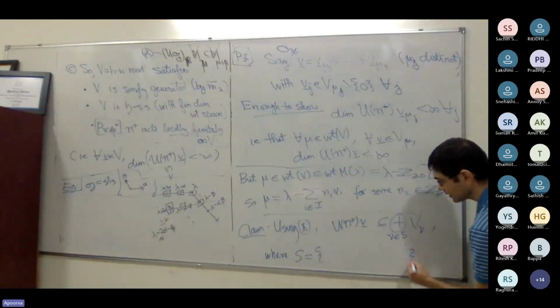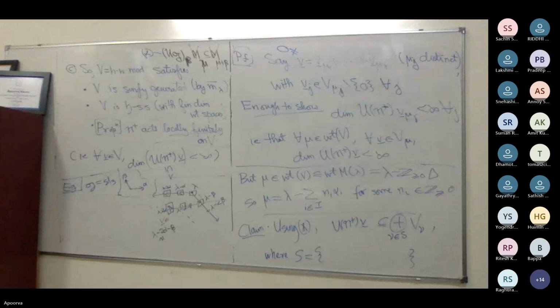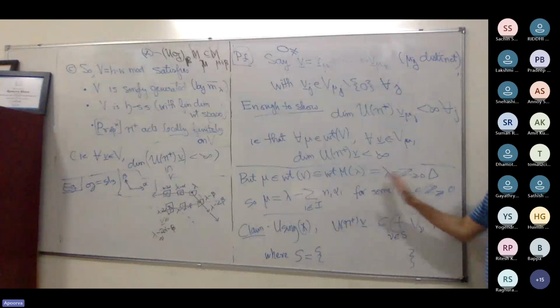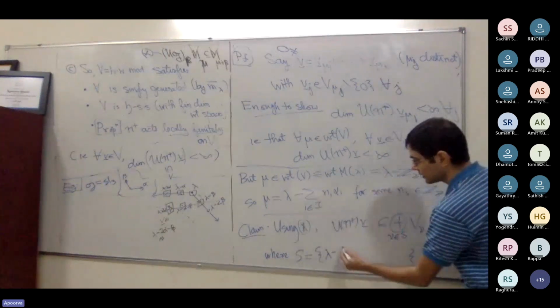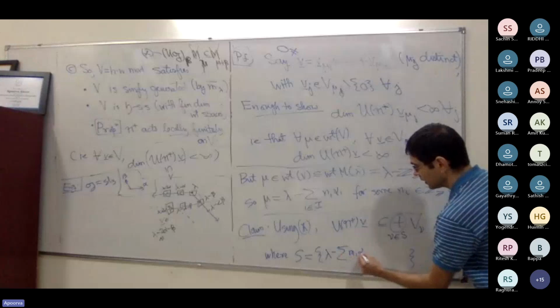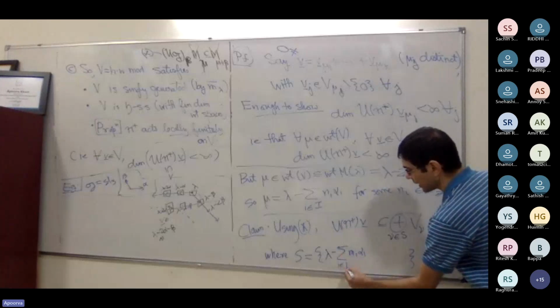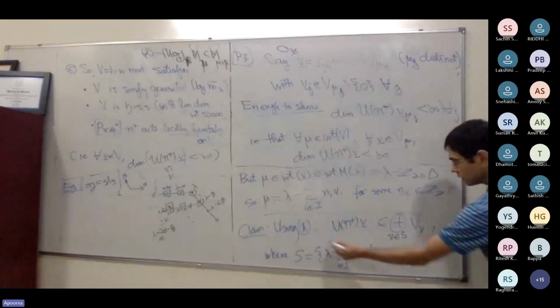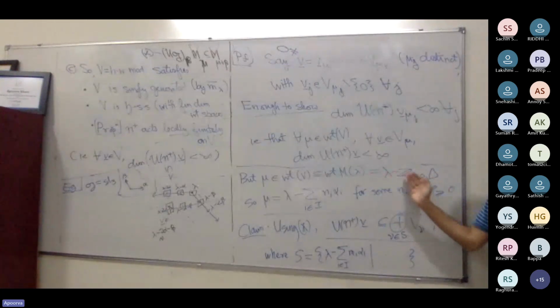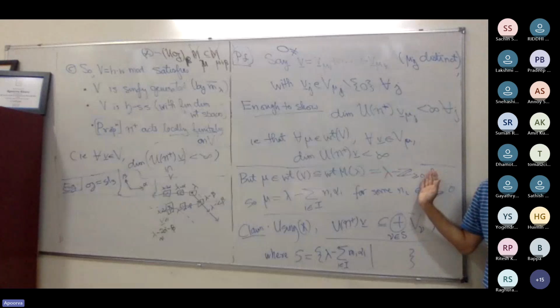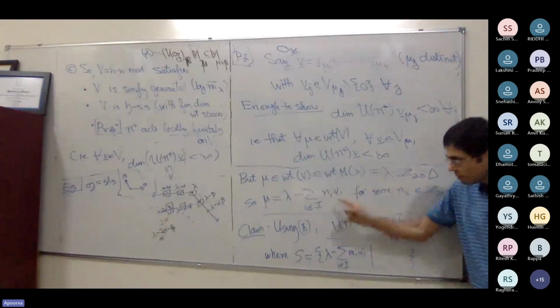So what are all possible weights here? Of course, whatever you do, this is a weight of V, so it's going to be some weight less than lambda. It is lambda minus some combination of mi alpha i. What are the restrictions on the mi? That is the question. Because every weight of the highest weight module is a weight of the Verma module, it is lambda minus a positive sum of simple roots.